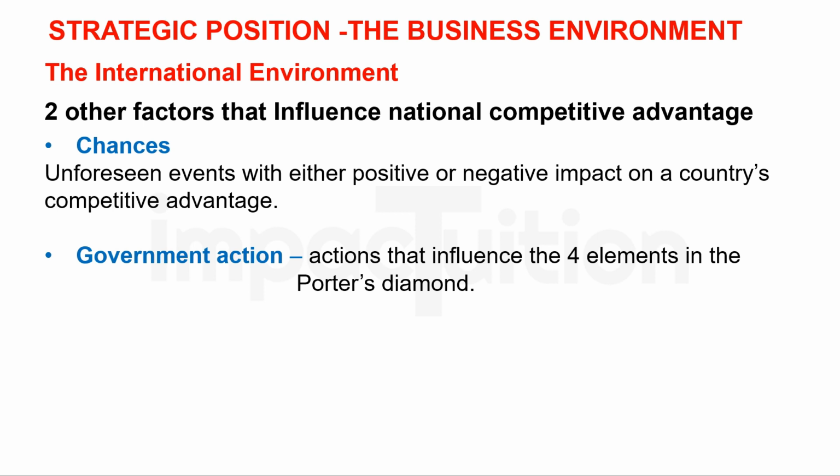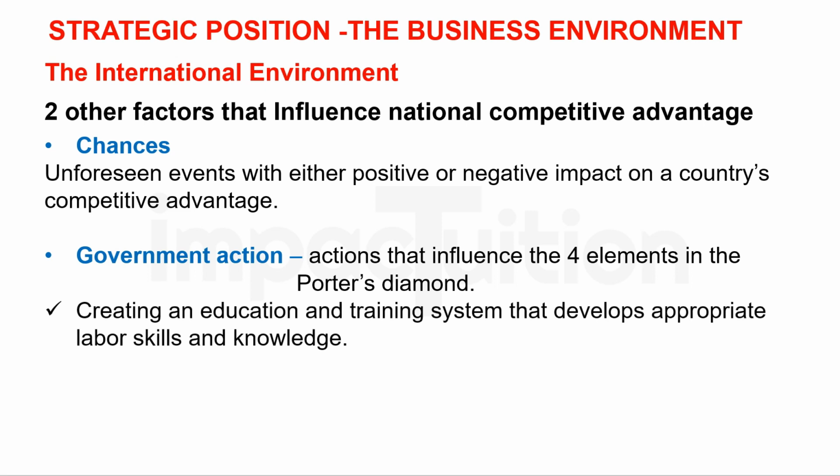These are actions that influence the four elements in the Porter's diamond, and they are deliberate on the part of government to improve upon the four factors so that their countries can attain national competitive advantage status.